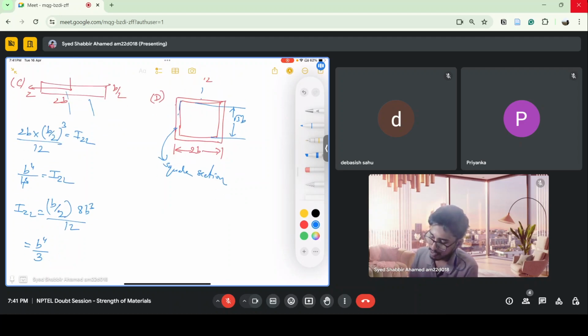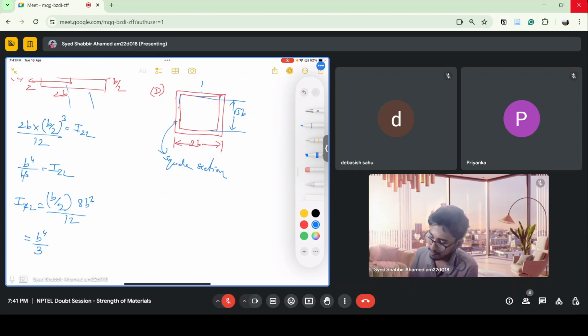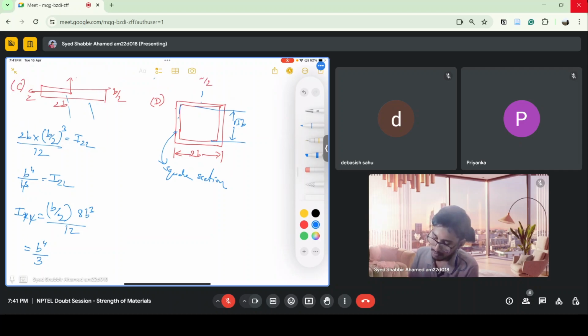This is IYY. For this, if I take IYY or IZZ, both are equal.